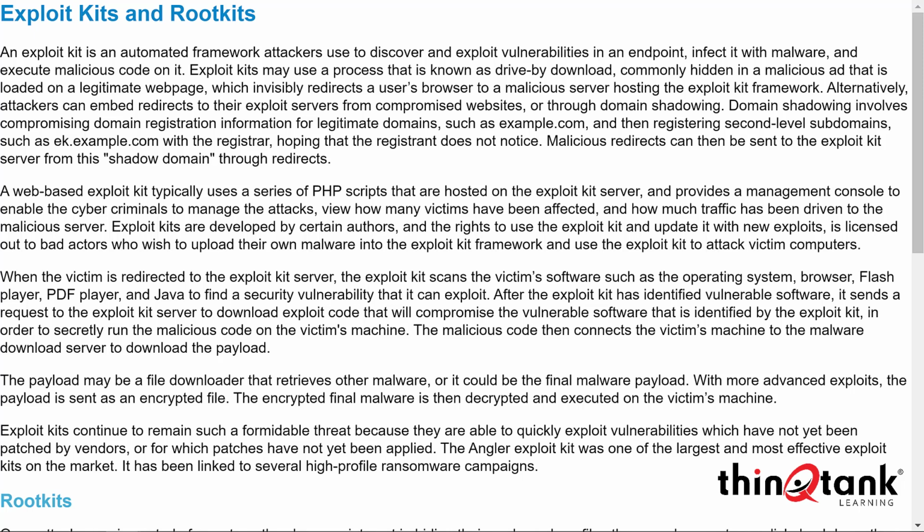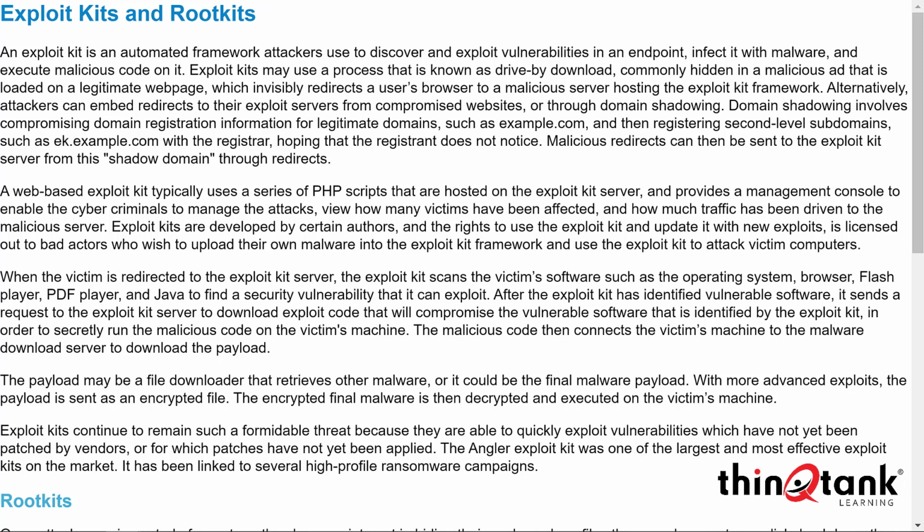If one of those exploits doesn't result in whatever the desired result is, another one might. So this would, of course, increase the cyber criminal's chance of executing a successful attack and accomplishing their overall goal. All right.